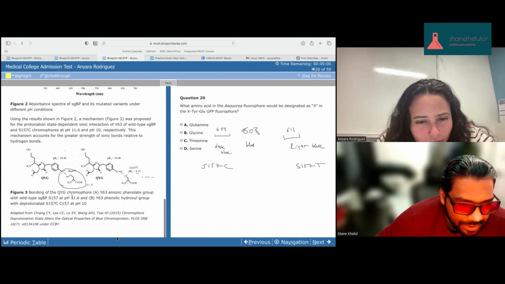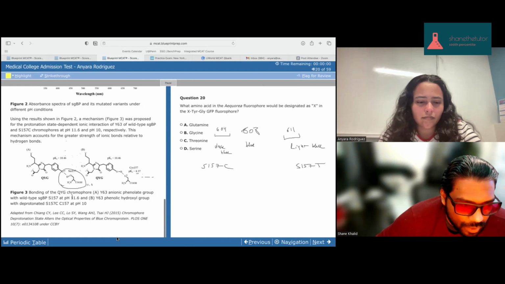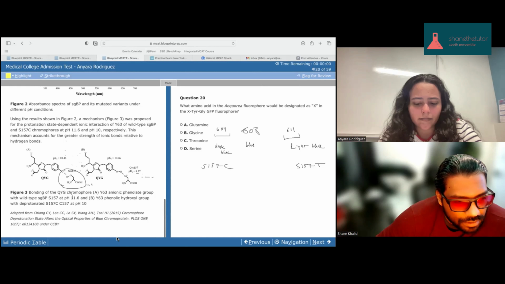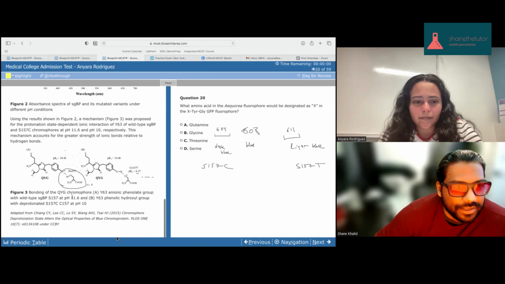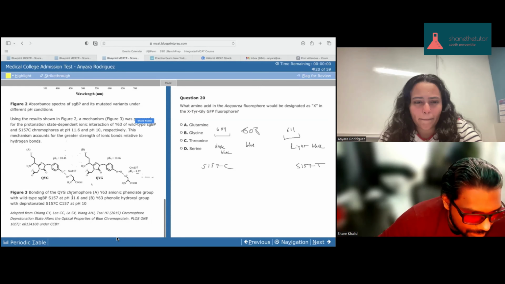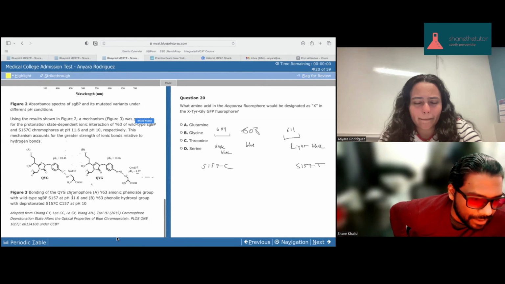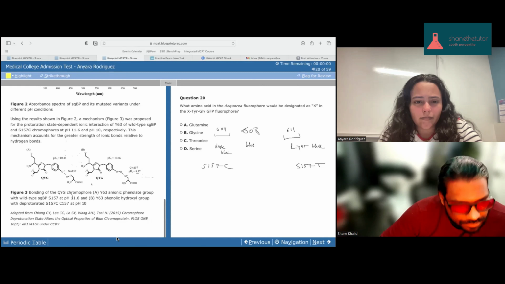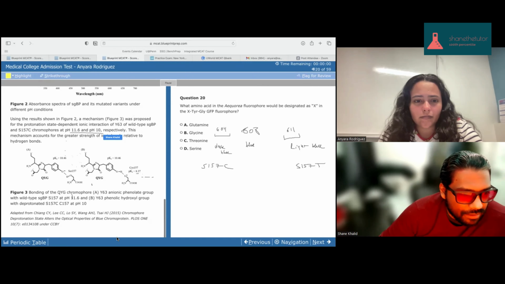Right. So for B, the QYG is at the same pKa, or wait a sec. Okay, pKa different from pH. So I think they're just telling us that the pKa of the tyrosine of the Y63 is 10.46. They tell us here as well, wild type chromophores at pH.